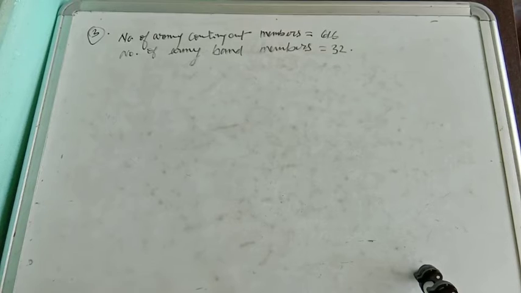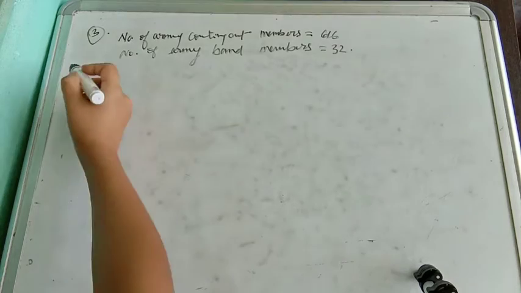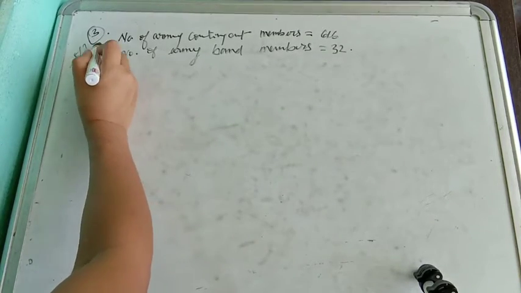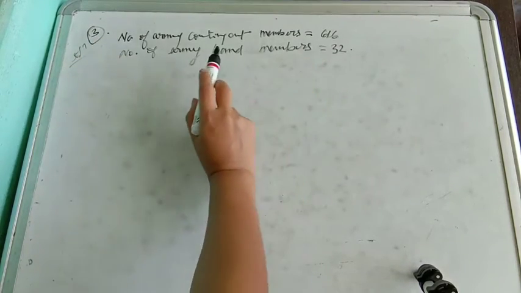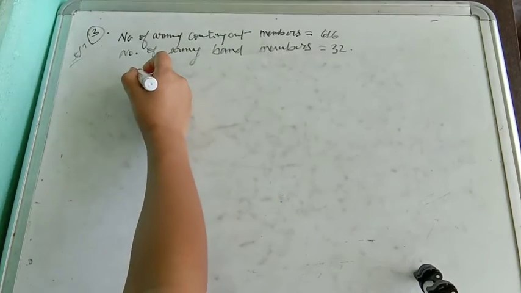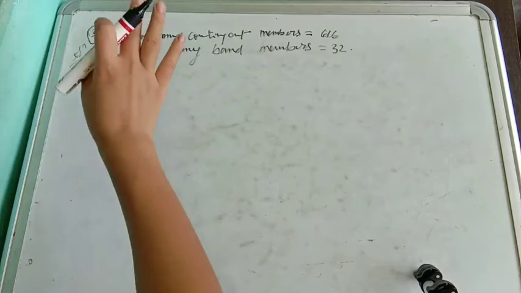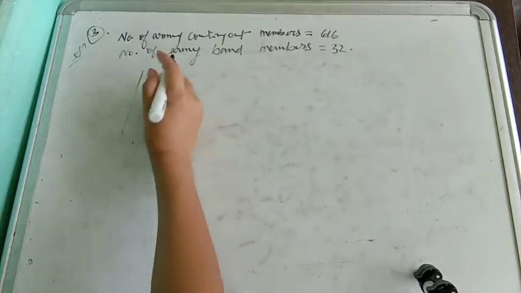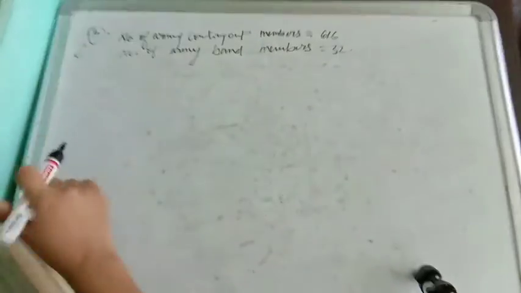Your question number 3 says, an army contingent of 616 members is to march behind an army band of 32 members in a parade. The two groups are to march in the same number of columns. What is the maximum number of columns in which they can march? So to find out the maximum number of columns in which they can march, we have to find the HCF of these two numbers.